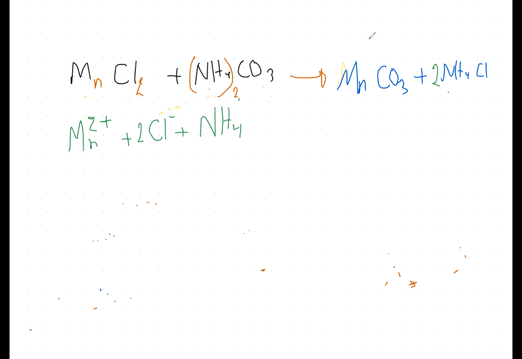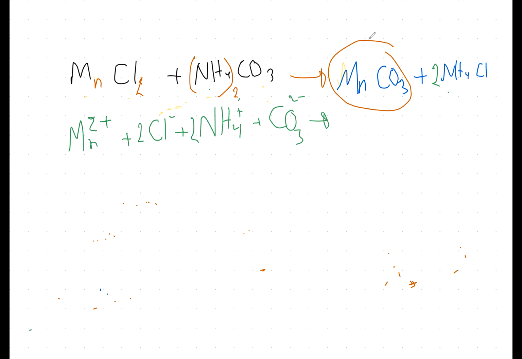It should be where? In the reactant side or in the product side? The reactant side. No, my solid, always my precipitate, is in the product side. Even it's written in the solubility rules.